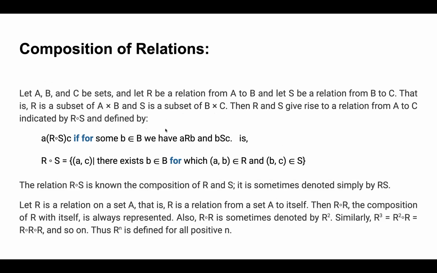Composition of R composite S will be from A to C. Then R and S give rise to a relation from A to C, indicated by R composite S, defined by (A, C) such that there exists B belonging to B for which (A, B) belongs to R and (B, C) belongs to S. Here it is the composition of relations.